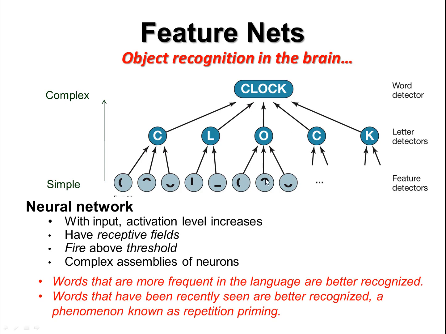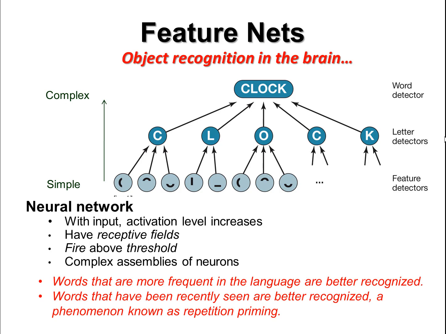So when sufficient features in the feature layer add up to activate the letter detector, we might be able to complete gaps in the O, for example. Or you could also imagine how having a gap on the right side of the inputs might lead to a misrecognition of an O as a C. So these feature nets very nicely describe ways in which we might in fact be recognizing words in a language, and they behave much like people.